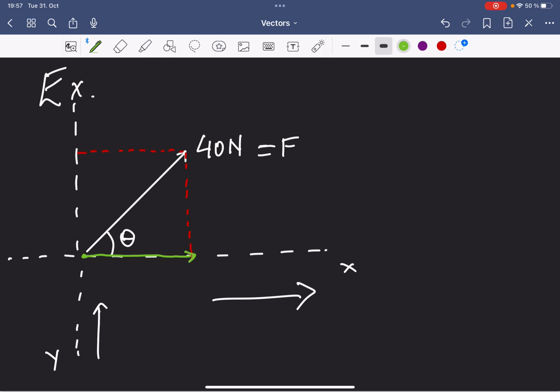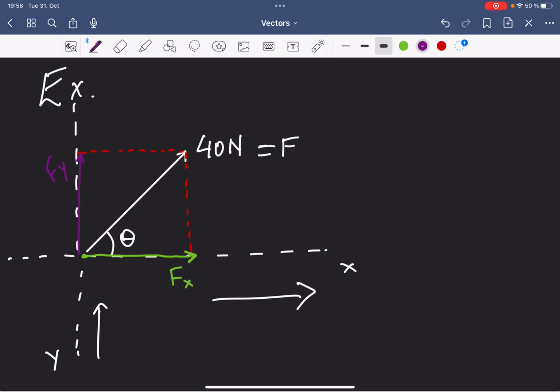So let's call this Fx, because it's the component of the F force on the x-axis, and let's call this Fy, the component of F on the y-axis.